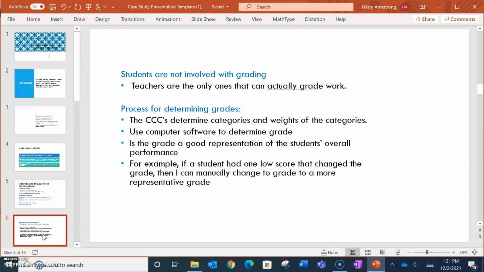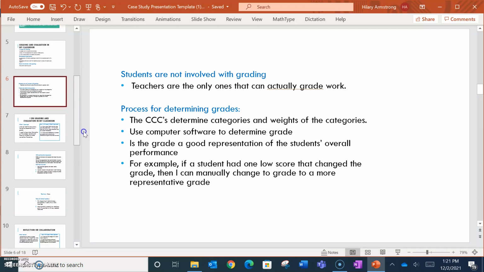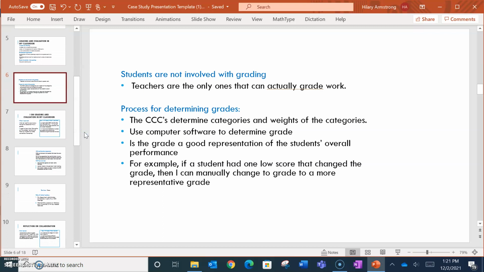The process for determining grades, again, the CCC teams meet and determine how they want things weighted and what the grading categories are. Then we use the software program that I mentioned before to determine the grade. Then I look at the final grade and say, is this a good representation of the student's work for the semester?